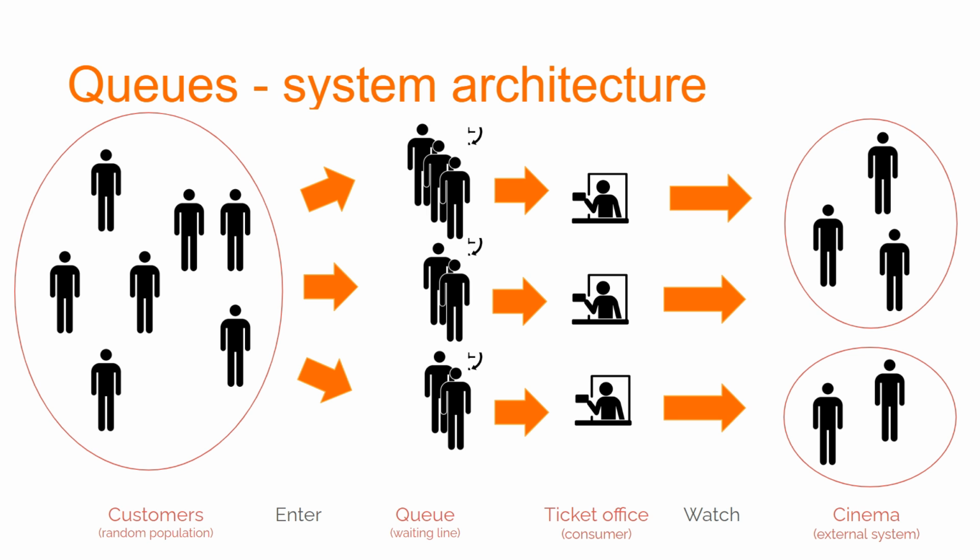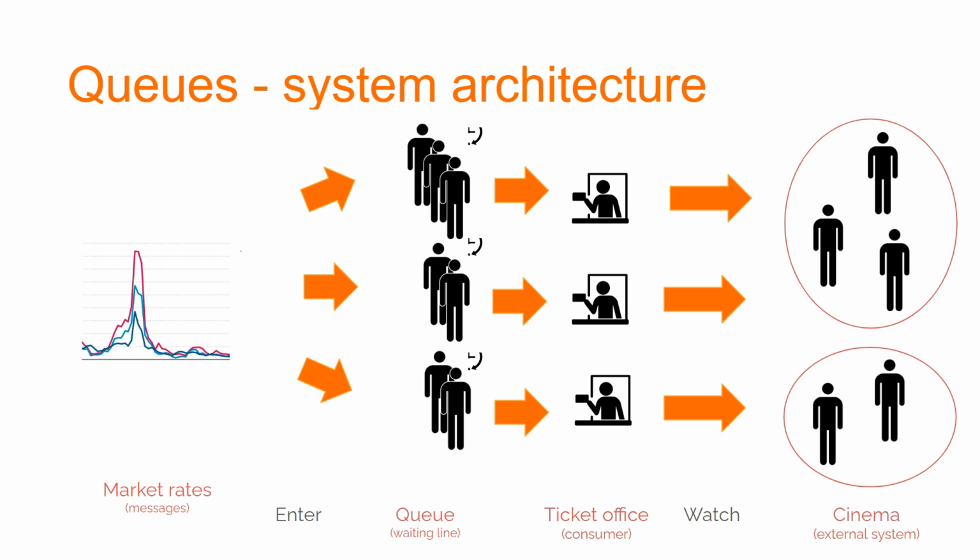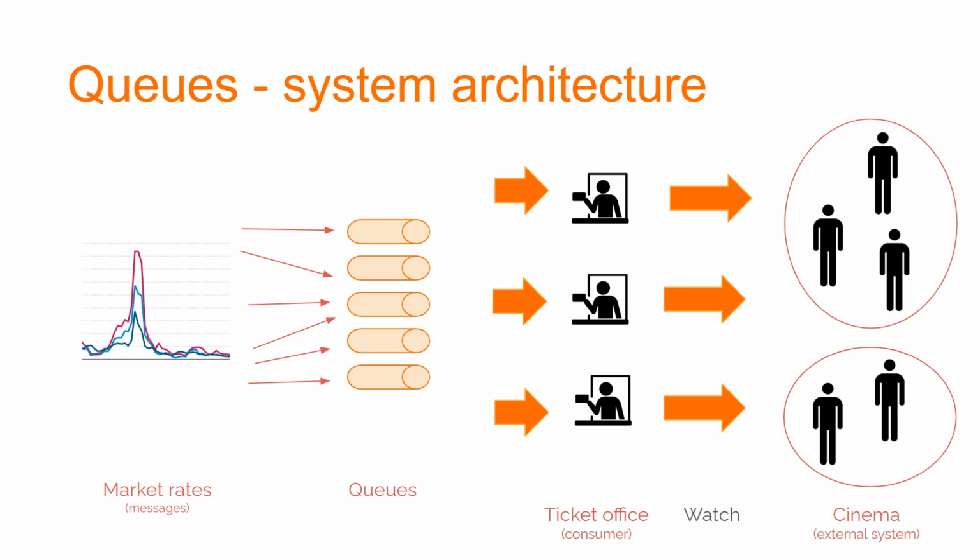Let's continue our cinema use case and transform it into a hypothetical financial system architecture with queues. In the financial sector, people buy and sell shares based on recommendations calculated by complex mathematical models. So, our people can be market rates. Market rates will be stored in queues.